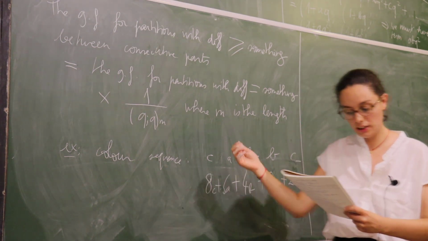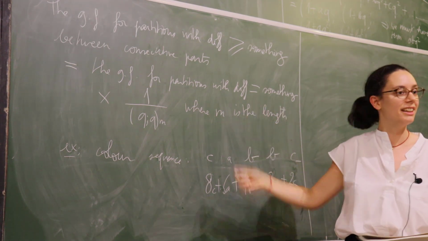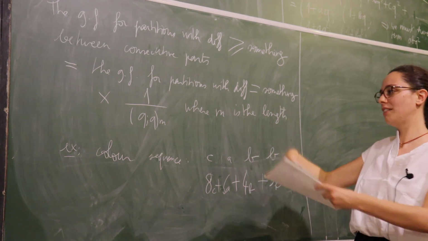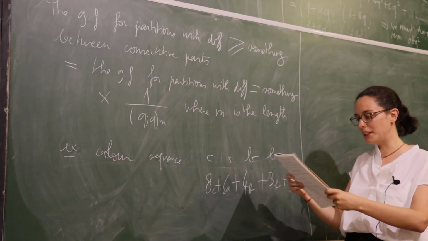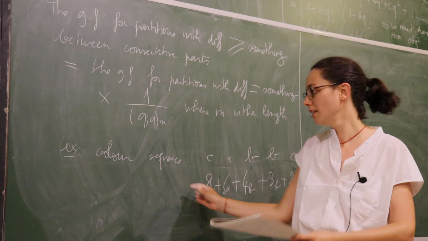More generally, they do that for all the possible color sequences, and they always use this argument, and then they sum over all the possibilities, and they find, in the end, some q-series expression.